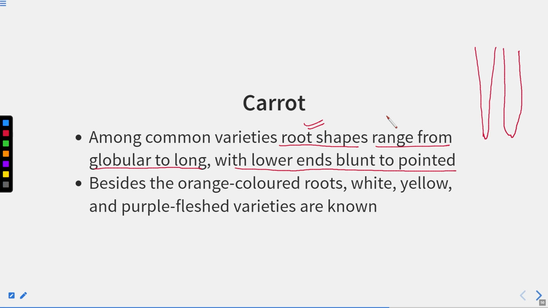So root shape may be different, from globular to long, and besides the orange colored root, white, yellow, and purple fleshed varieties are known. So we have seen generally the red type or the orange type of carrot, right? So orange colored carrot, there is also the white colored carrot, yellow, and the purple fleshed varieties are also known. So there are different varieties of carrots also.